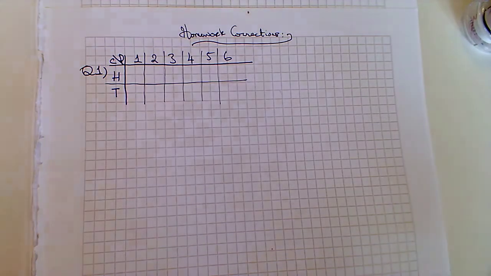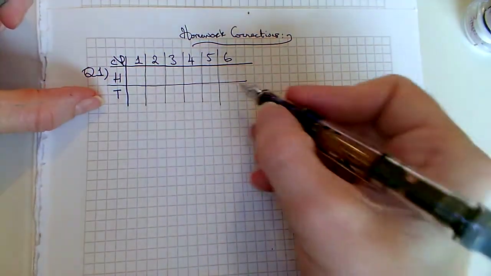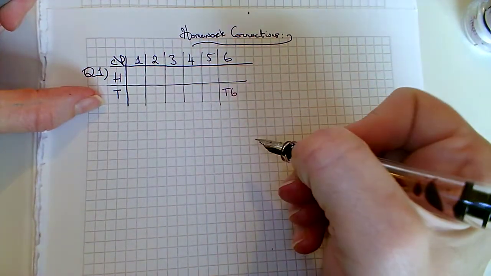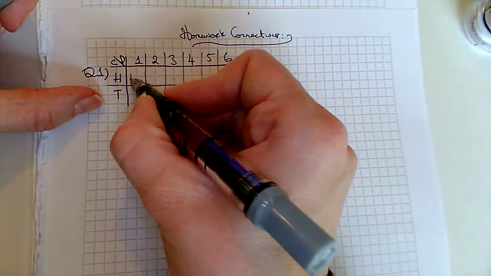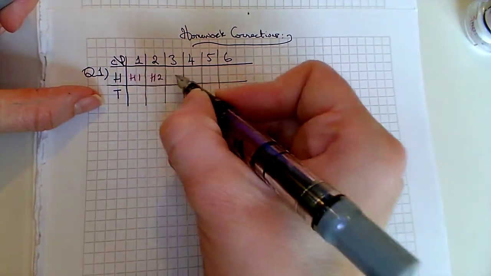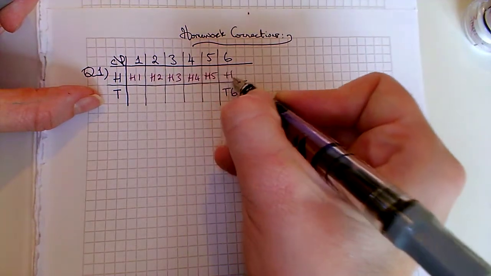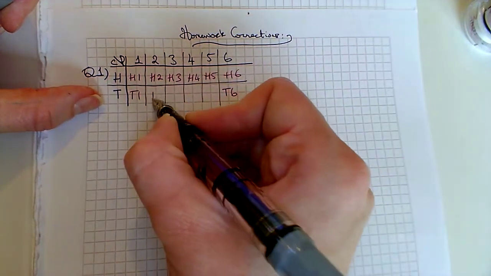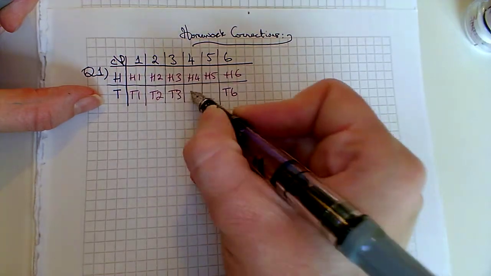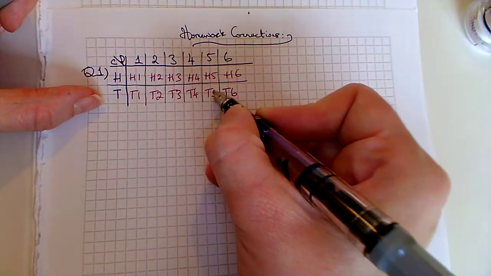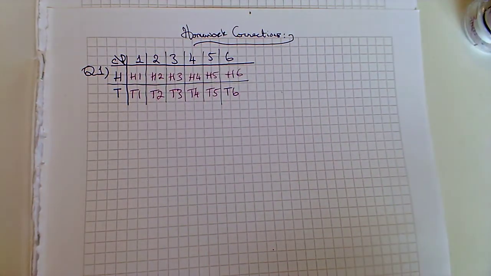And that was that if you got a tail on the coin and a 6 on the die, we'll write it down like this, T6. So the rest of them, H1, H2, H3, H4, H5, H6, T1, T2, T3, T4, T5, and T6 was filled in.